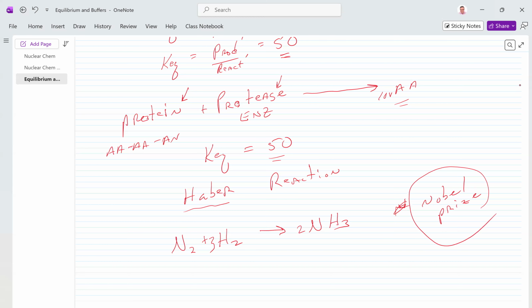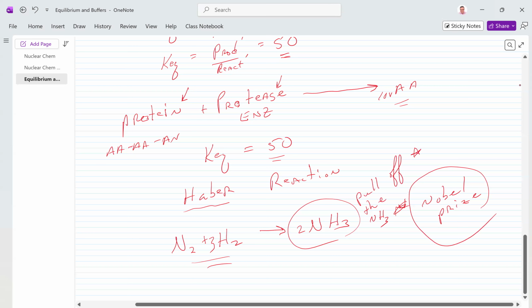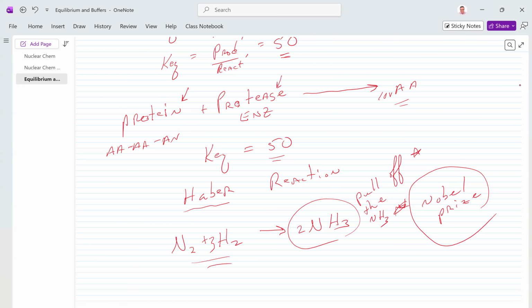So the way they increase this reaction is they would pull off the NH3 as it was made. So to keep the equilibrium constant the same, more ammonia had to be made so that the ratio was maintained. And this was the trick, using Le Chatelier's principle to minimize NH3 and to maintain that constant of products over reactants. We had to make more of it, so the KEQ number didn't change.